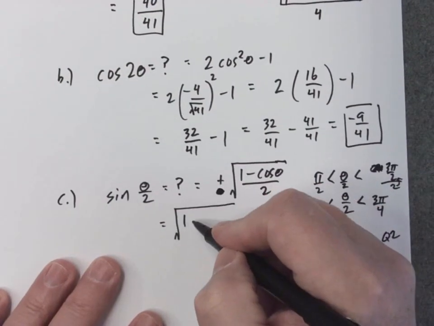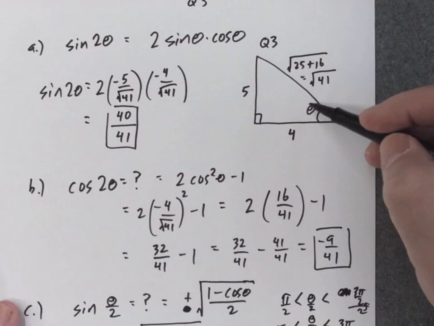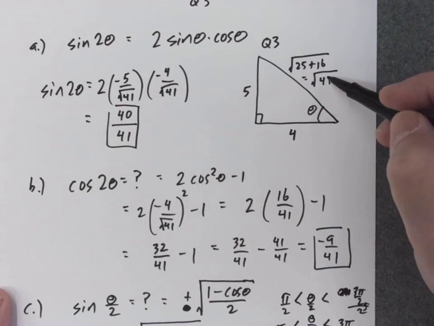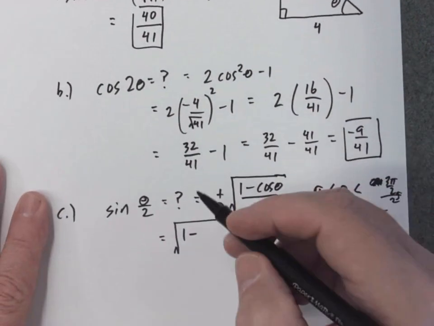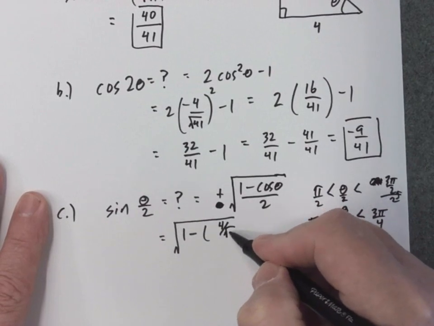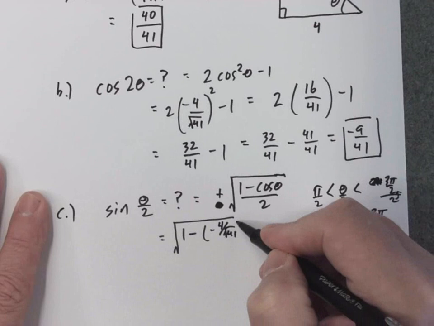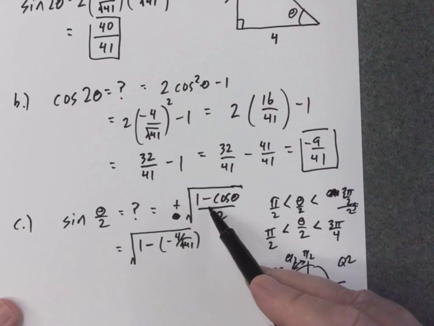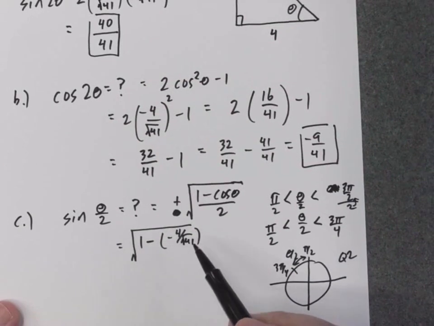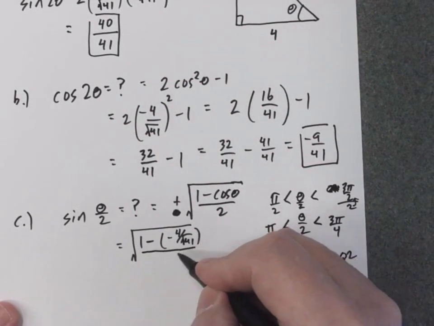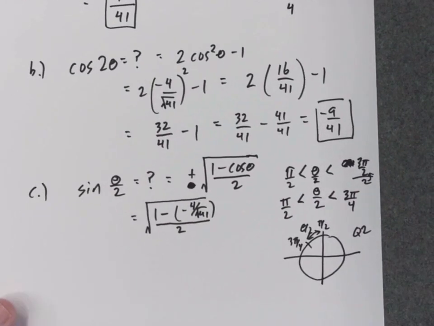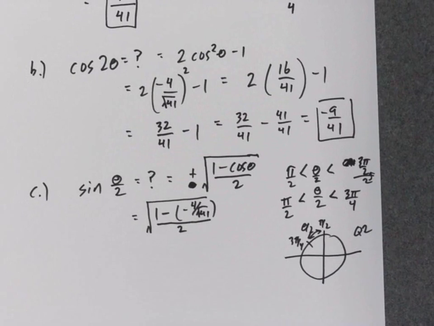So I'm going to have 1 minus cosine of theta. So once again, cosine is adjacent over hypotenuse, and in quadrant 3 that is negative. So 1 minus cosine theta is 1 minus a negative 4 over square root of 41. And this whole thing is over 2, and this whole fraction is actually inside the square root.